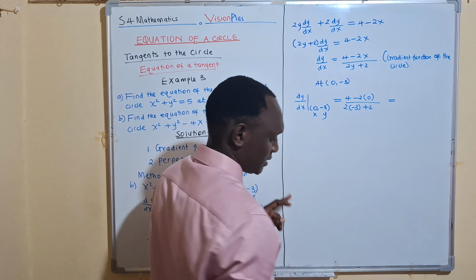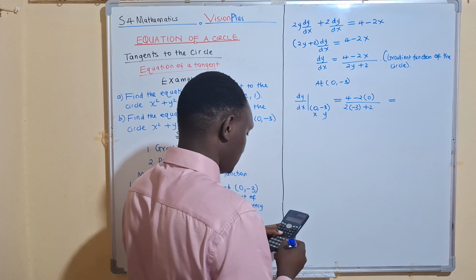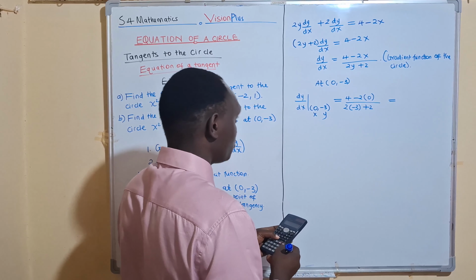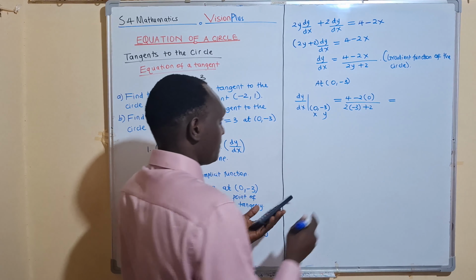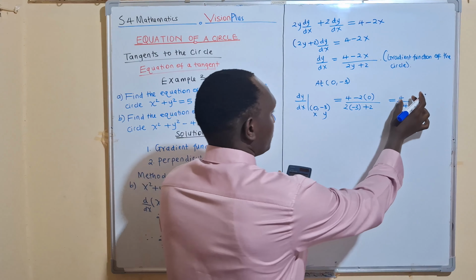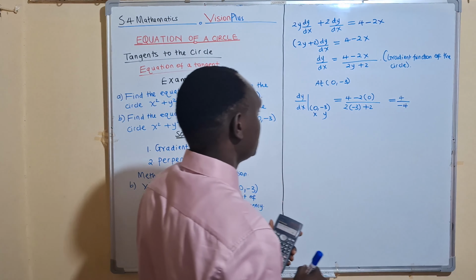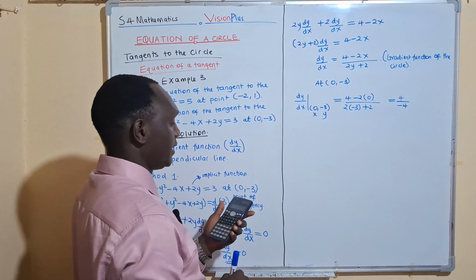Then you use the calculator. 4 minus 2 times 0 gives 4, over 2 times negative 3 plus 2, which is negative 4.